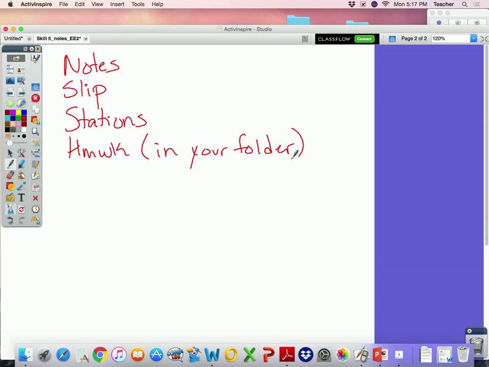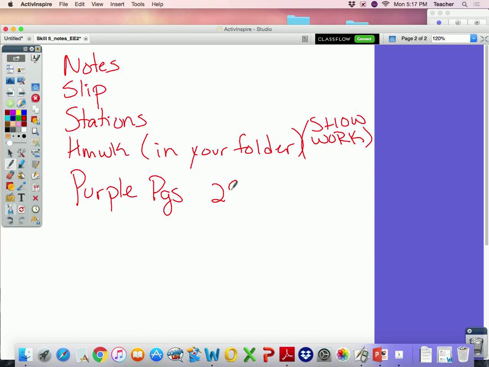And then if you do finish your homework, make sure you're showing your work. You may complete purple pages 29 and 31. So Mr. Reed can leave this up on the board now, or it's over on the board by the Go Cubs board.